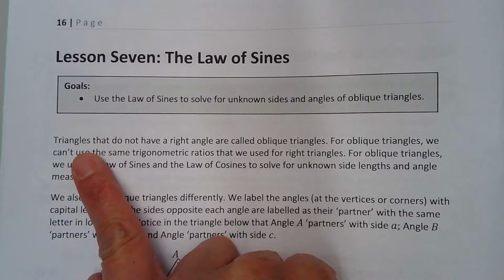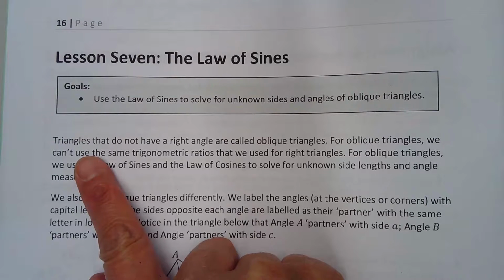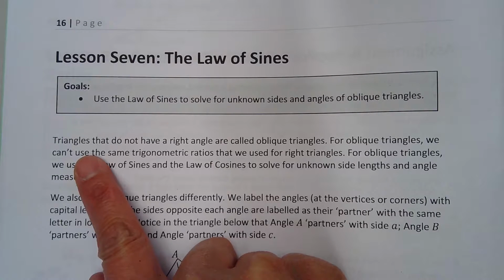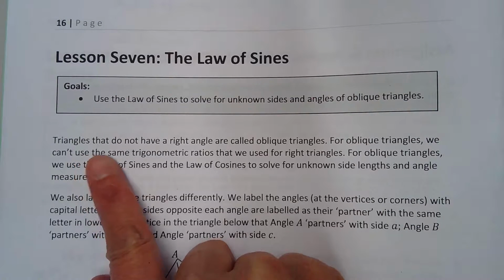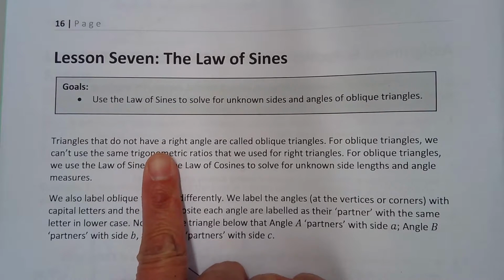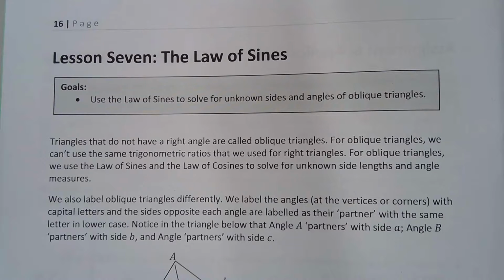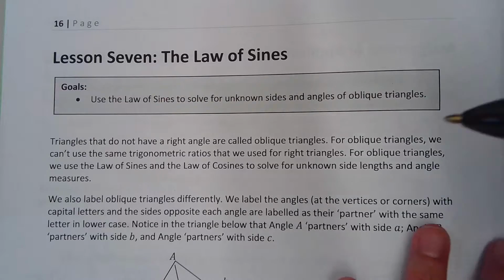So triangles that do not have the right angle are called oblique. Oblique triangles are triangles that are not right triangles.